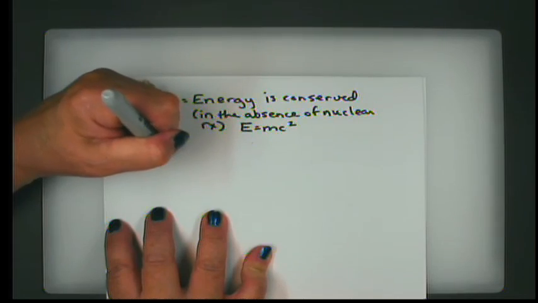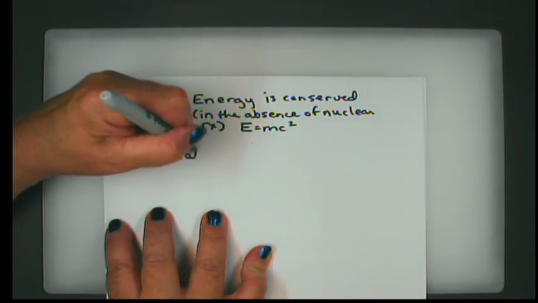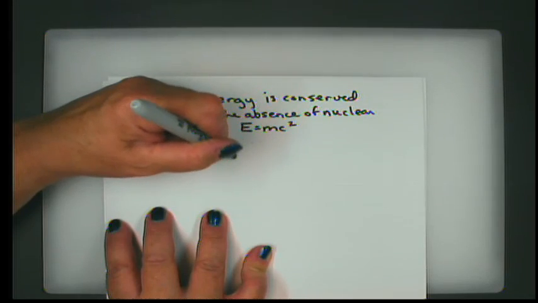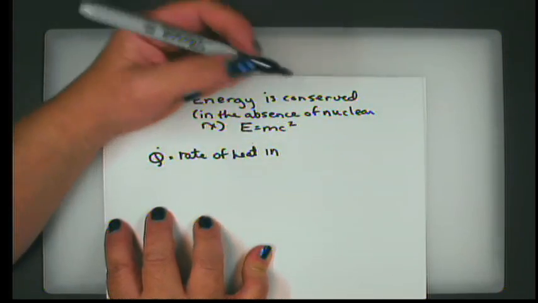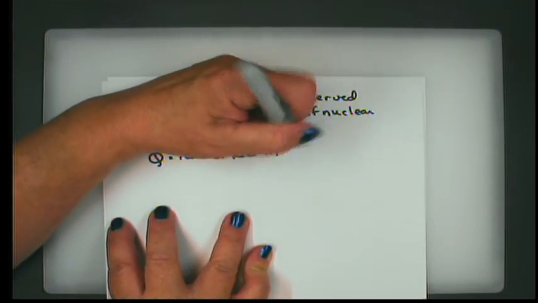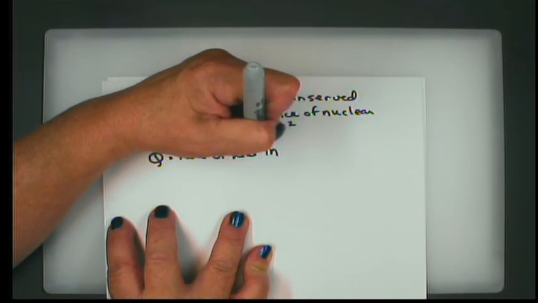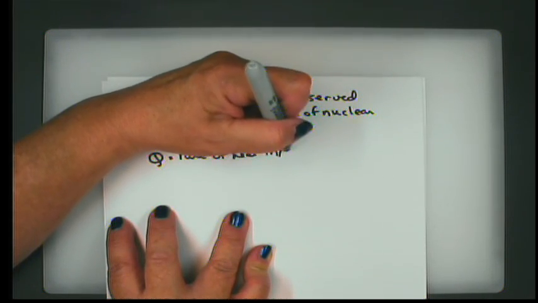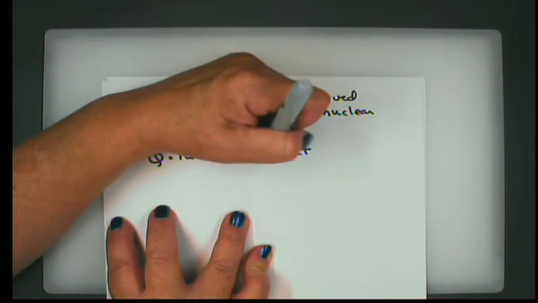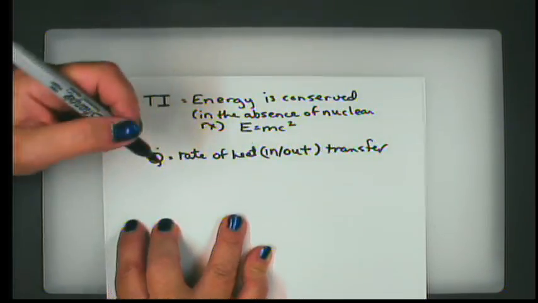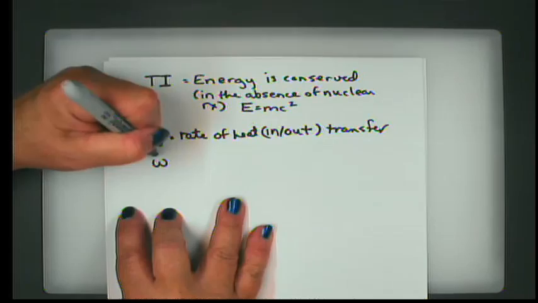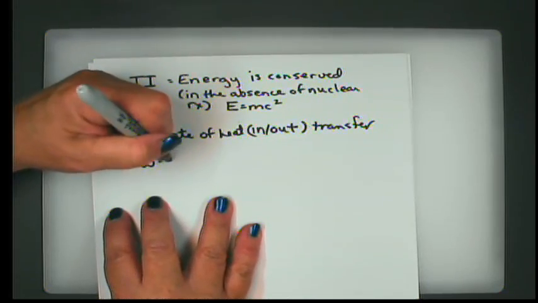Q dot is rate of heat transfer. If it's in, it increases the energy of a system. If it's out, it decreases the energy of a system. The rate of heat in or out. So I could call it transfer. W dot is work rate.